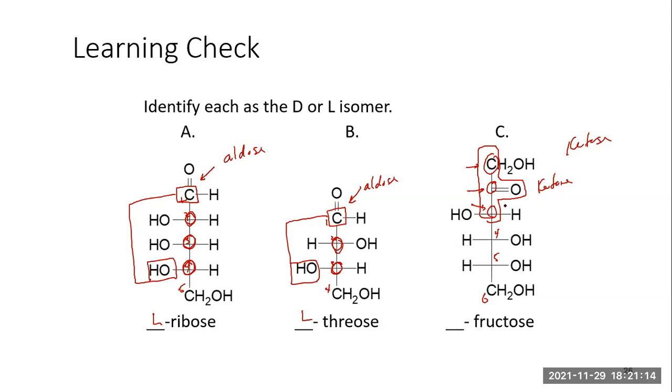It has a chirocarbon located at each of these spots: 1 right there, 1 right there, and 1 right there. Again, looking at the furthest OH from our carbon-oxygen double bond, we see in this particular case it is on the right-hand side, and that would give us D-fructose. Any questions on any of those there?